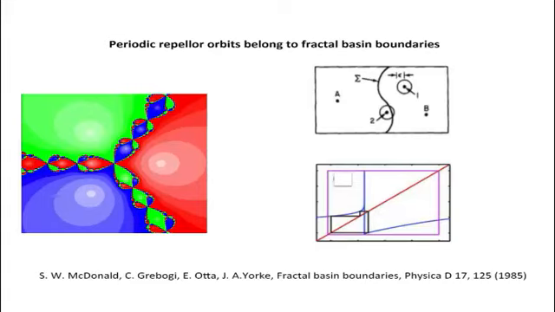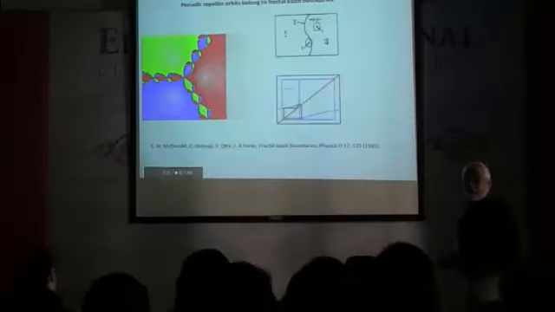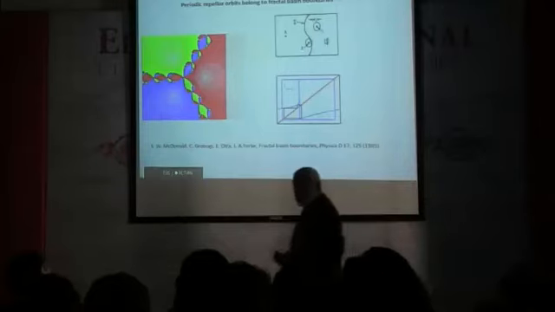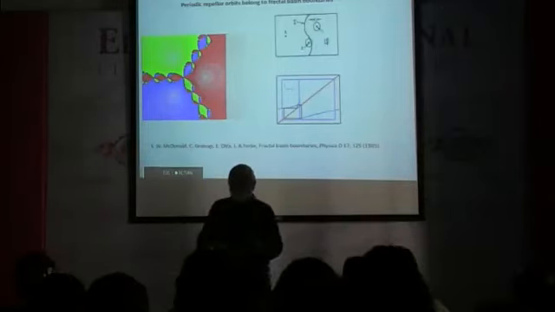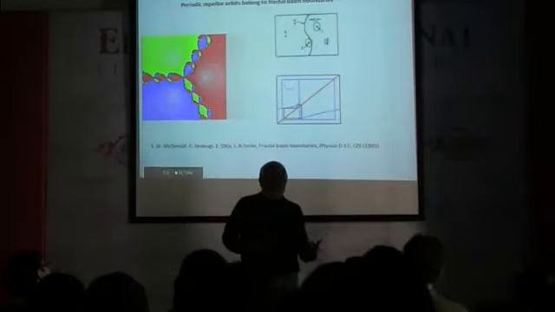But there is something. If the boundaries between the basins are a fractal, like here, you will never know. You cannot decide. And then instead of having sensitivity to initial conditions, you have sensitivity to the final condition.